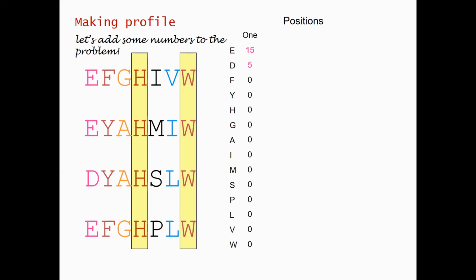Accordingly, the numbers have been given at position number 1: 15 to E and 5 to B.